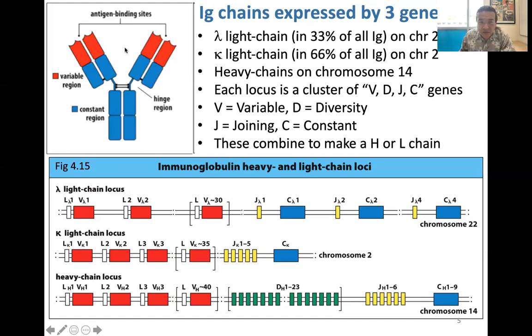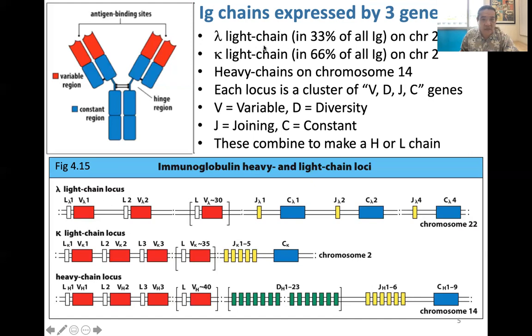Then, so you have 2 of those, then you have 2 light chains. Okay. So the heavy chain is just the heavy chain. We have one gene or one group of genes in one location on chromosome 14 that makes our Ig heavy chain. The light chains, we actually have 2 different genes.